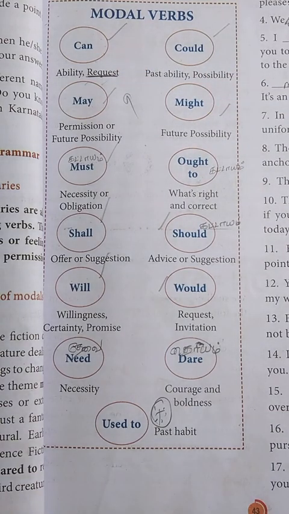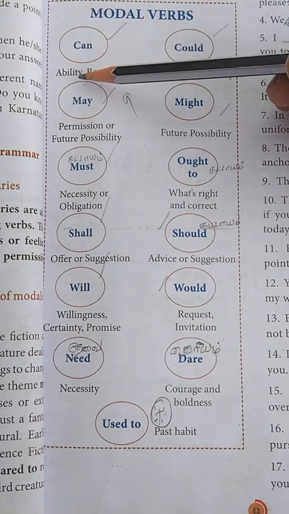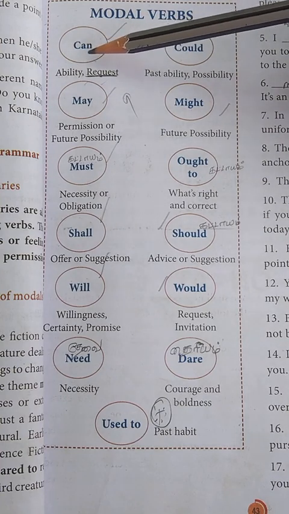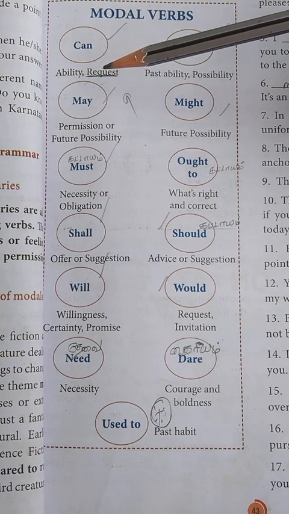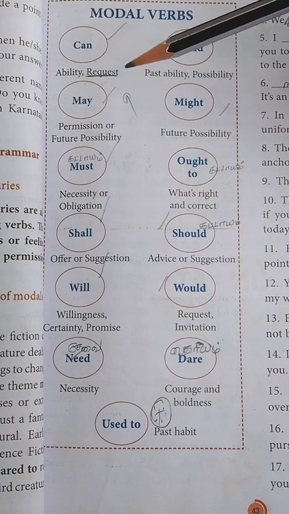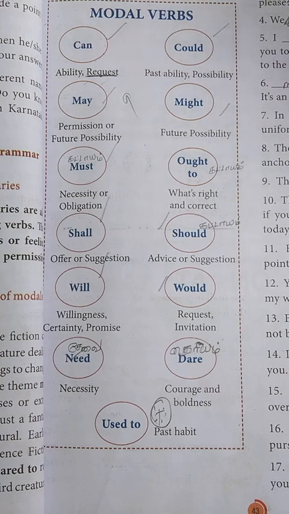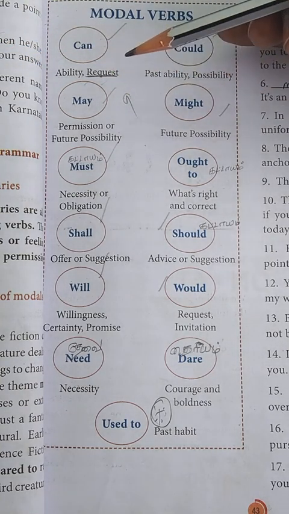Can is used to express a person's ability, or to make a request or permission. Request comes under permission. So under 3 circumstances we can use it: ability, request, permission.